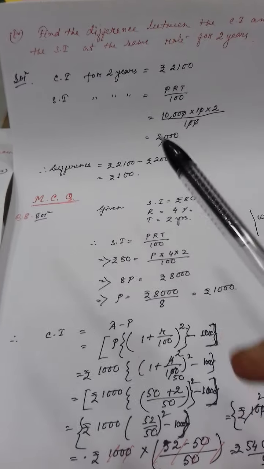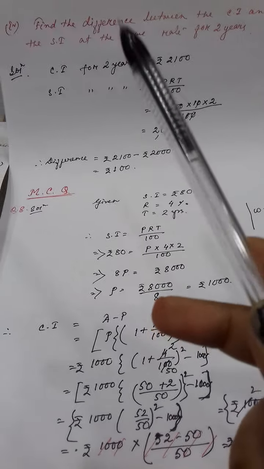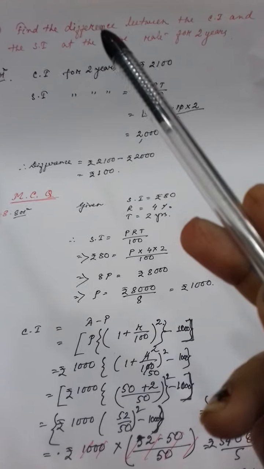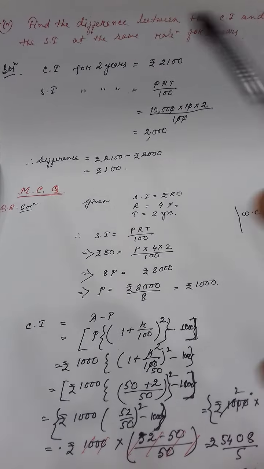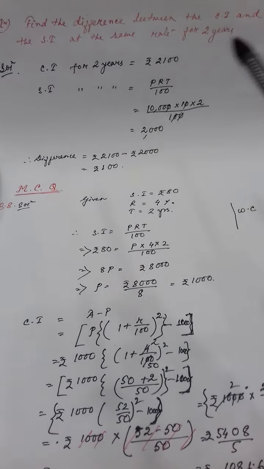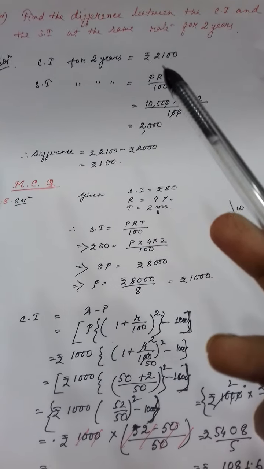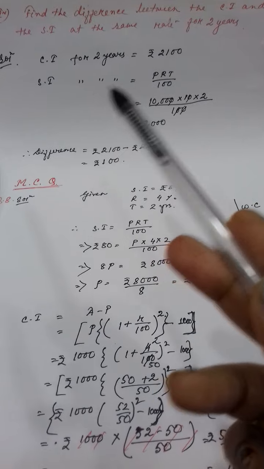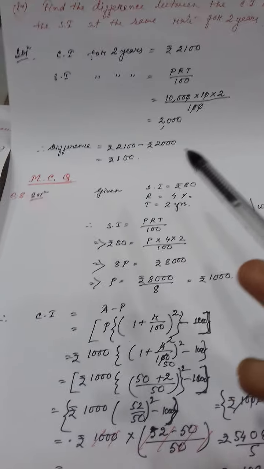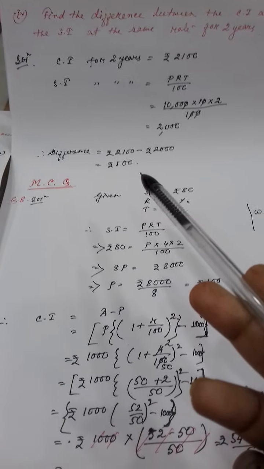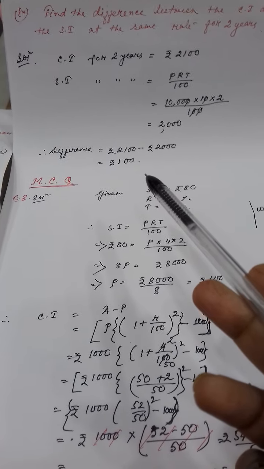Clear? This is the four number. Question number 4. Find the difference between the compound interest and simple interest at the same rate for 2 years. Compound interest for 2 years you have already found out, 2100, and simple interest you will find out by PRT by 100. Then you find out the difference, it is 100. Clear?